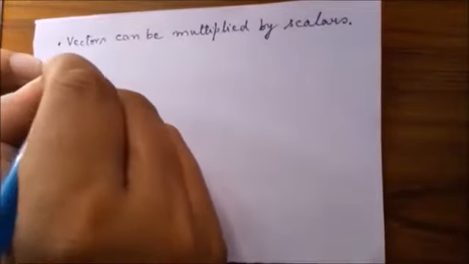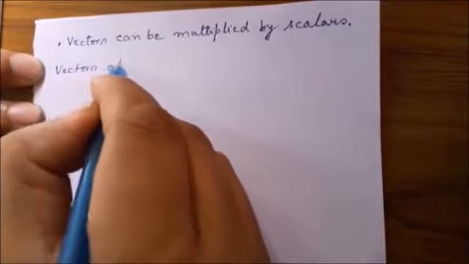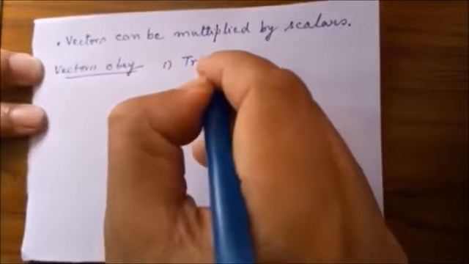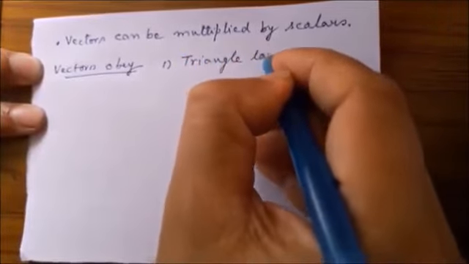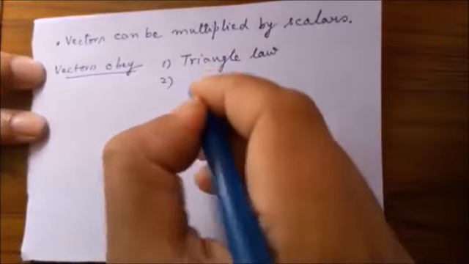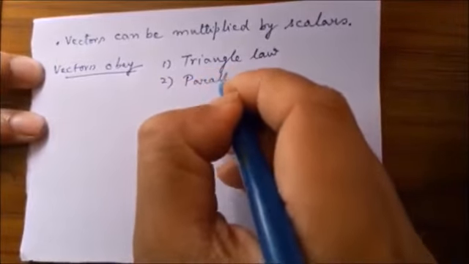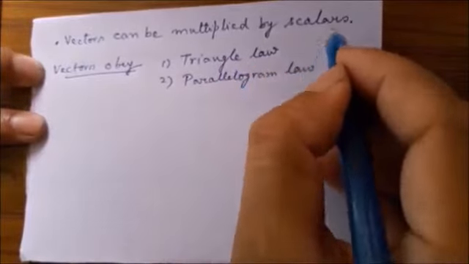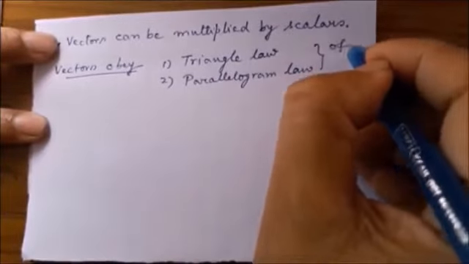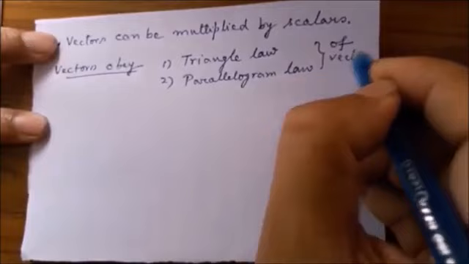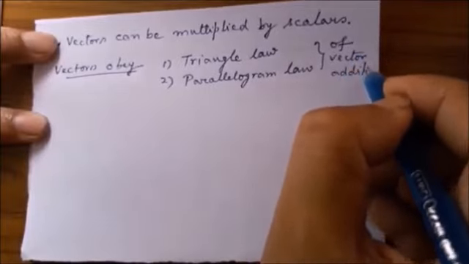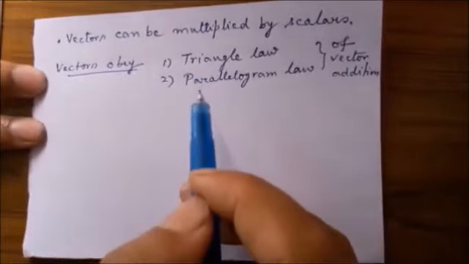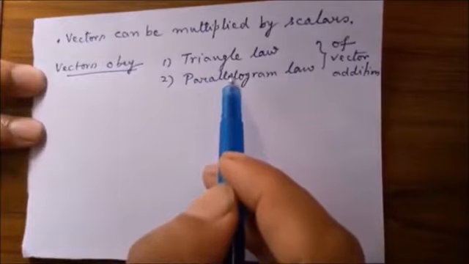Vectors obey number 1, triangle law of vector addition, and parallelogram law of vector addition. And in fact, the two laws are same. One can be derived from the other.